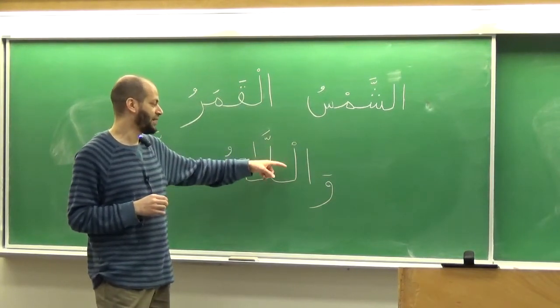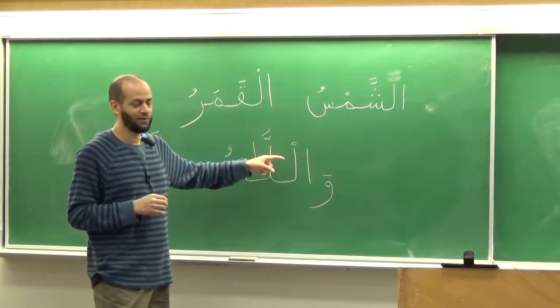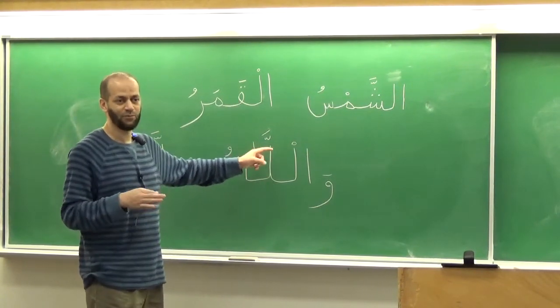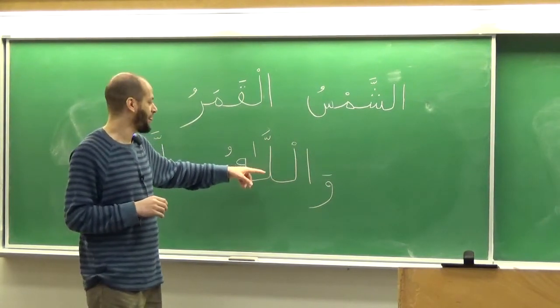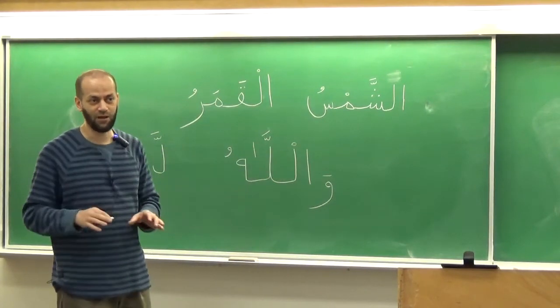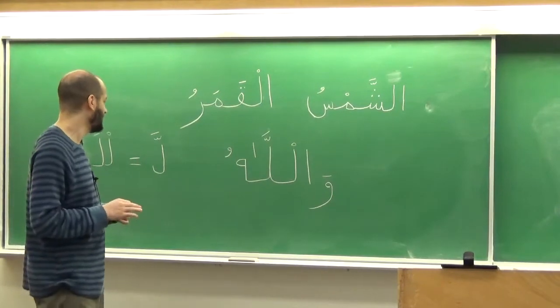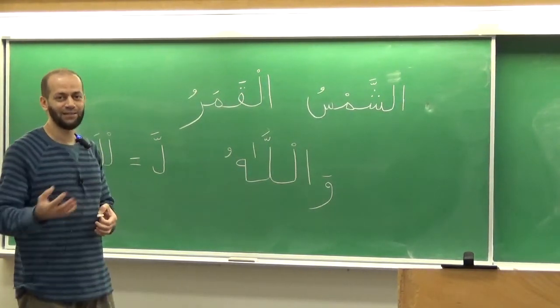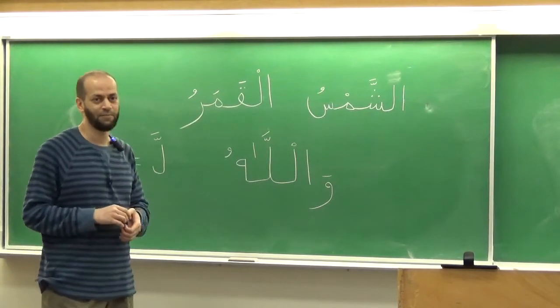It's always soft, except when it comes in this word, Allah, that sometimes it will be soft, sometimes it will be heavy or strong. Only in this word. Anywhere else it's always soft. As we said, this is the default for the lam. The common mistake is that people will tend to make it strong outside of this word.